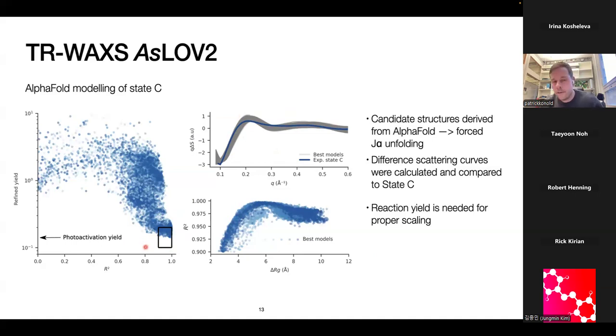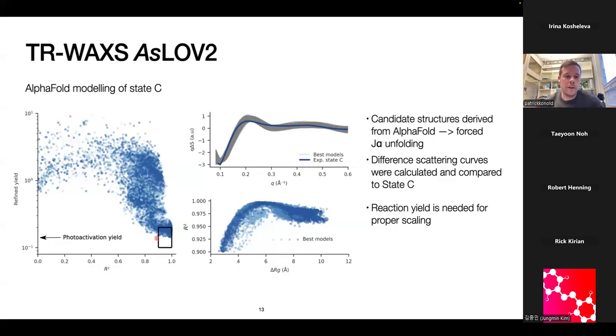There's one caveat here, because we don't know that there's a scaling factor, right? So we had to do a separate measurement, a steady state SAXS measurement with saturating illumination, to determine the yield of our XFEL data. And that was done and determined to be roughly 15%.